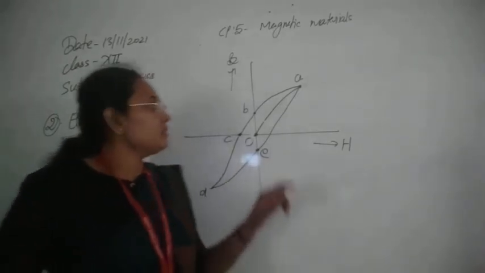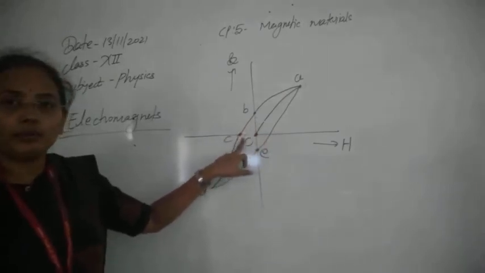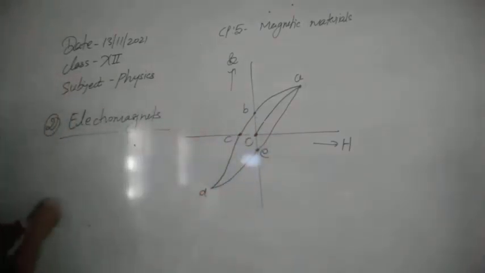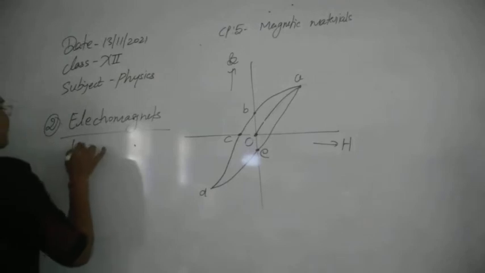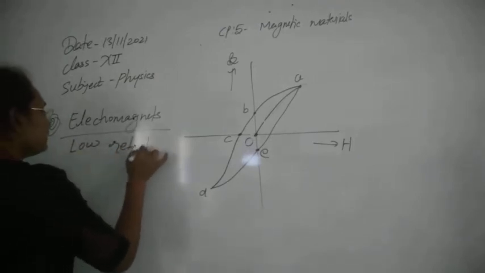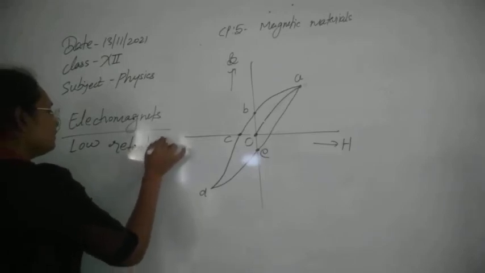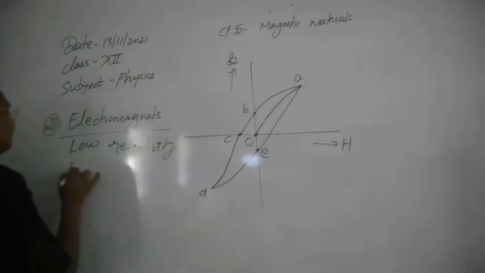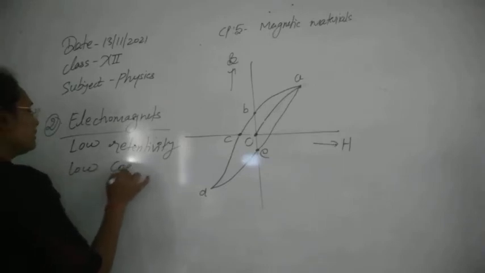Means the retentivity and coercivity should both be low to construct this type of magnet. So to construct an electromagnet, the first property is low retentivity, and the second is low coercivity.